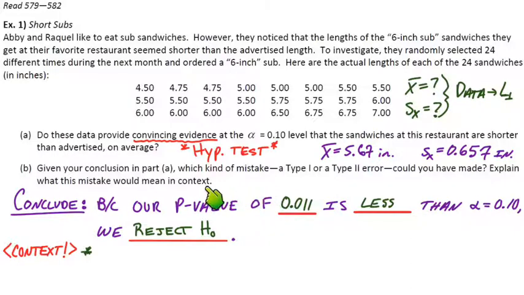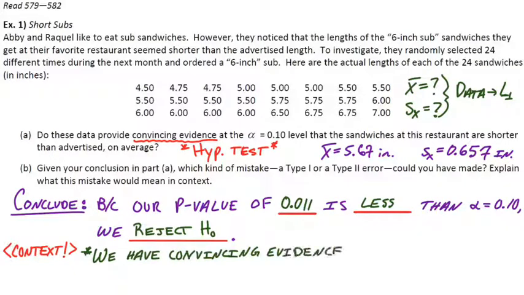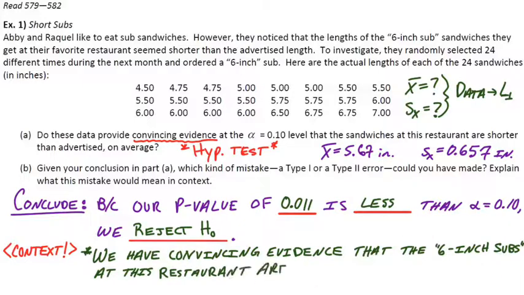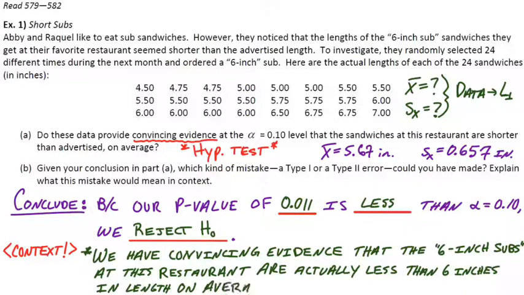So this makes perfect statistical sense. Can you explain what that means in the context of the problem? Well, basically, from the sample that these two students gathered, we have convincing evidence that the so-called 6-inch subs at this restaurant are actually less than 6 inches in length on average.